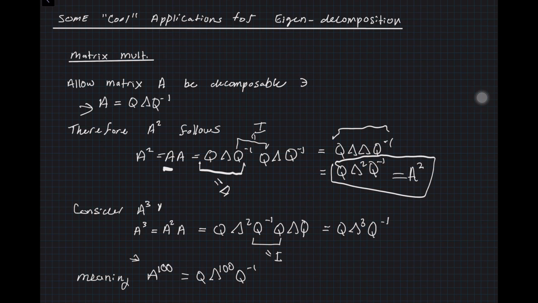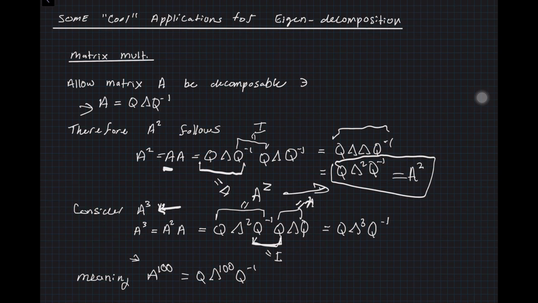Now, if we were interested in doing A cubed, we can follow the same procedure. A cubed is just A squared times A, and we know that this guy is equal to A squared from this expression up here, and then this is equal to A. Once again, you have Q inverse times Q, and that's equal to the identity.